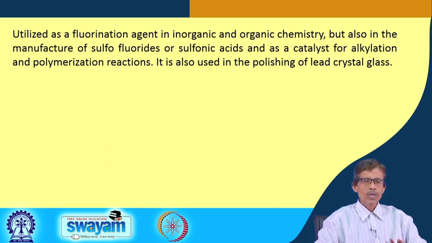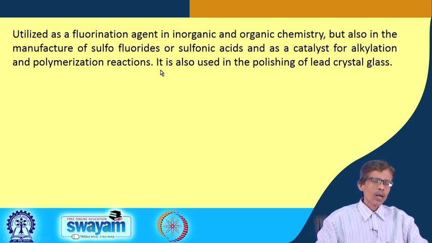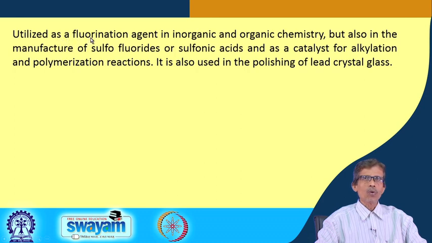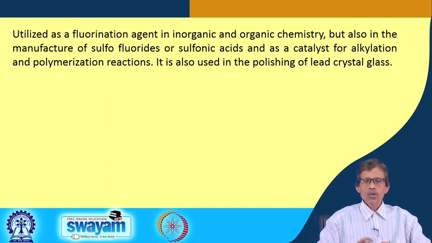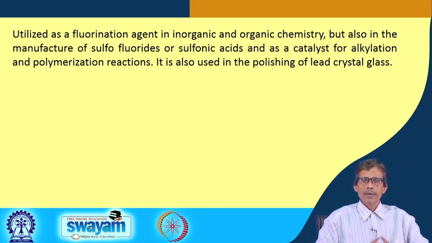Thionyl chloride or sulfuryl chloride is used for the chlorination of organic carboxylic acids or long chain carboxylic acids. Now, a useful reaction is the fluorination of typical inorganic or organic molecules, because fluorine is a very useful atom to be introduced in some complex pharmaceutical molecules in the drug and medicinal industry, the pharmaceutical industry.